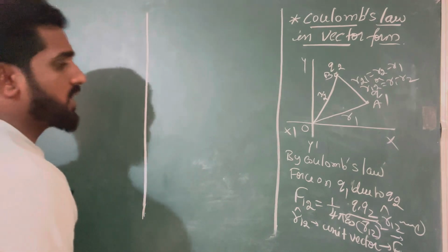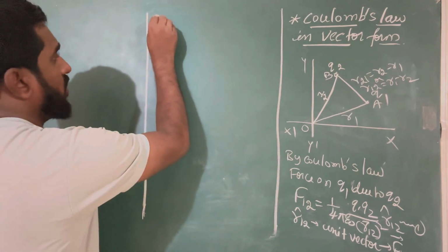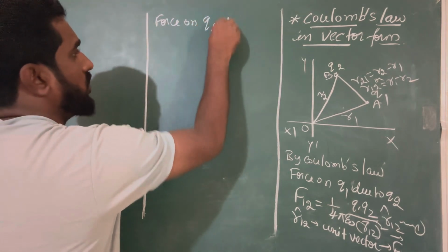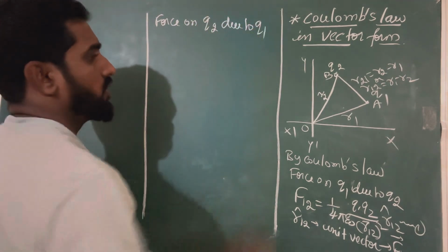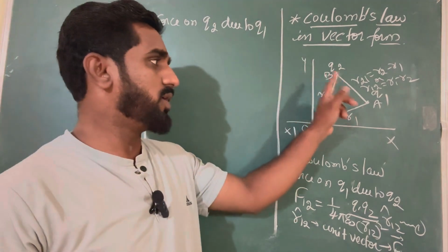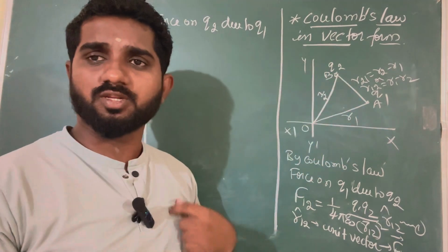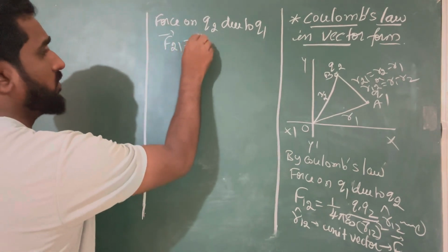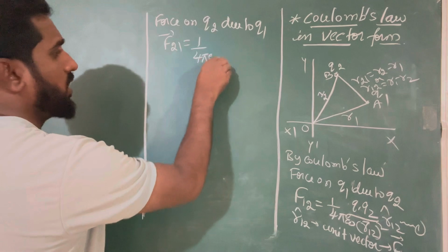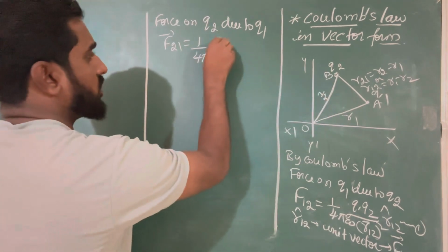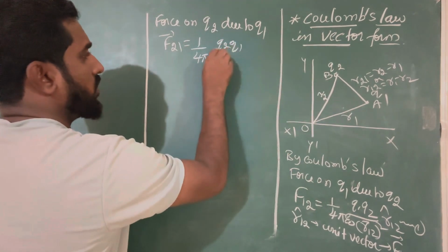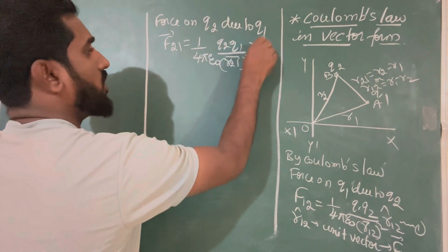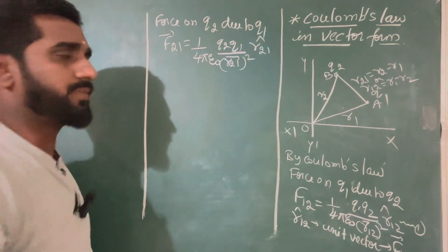Okay, similarly the force on charge q2 due to charge q1, that is F21, is equal to 1 by 4 pi epsilon naught q2 q1 divided by r21 whole square into r21 cap.